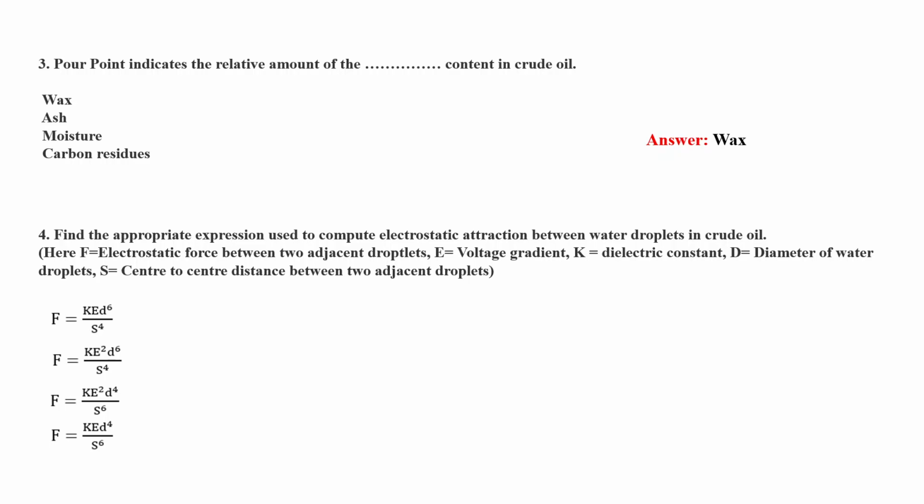The fourth question: find the appropriate expression used to compute electrostatic attraction between water droplets in crude oil. Here, what is the electrostatic force between two adjacent droplets? E is the voltage gradient, K is the dielectric constant, D is the diameter of water droplets, S is the center to center distance between two adjacent droplets.